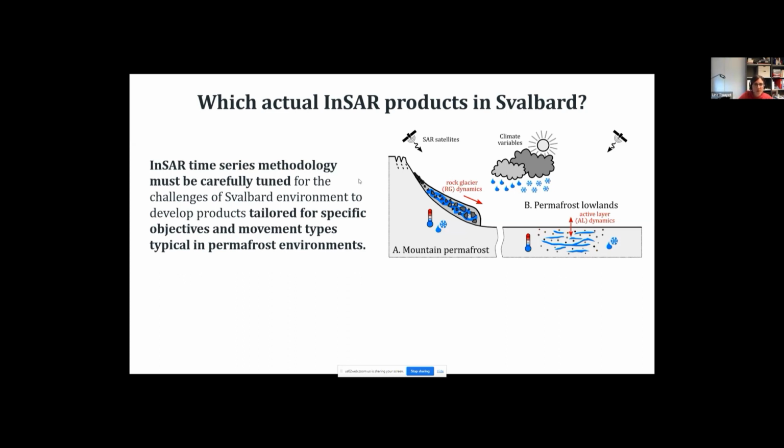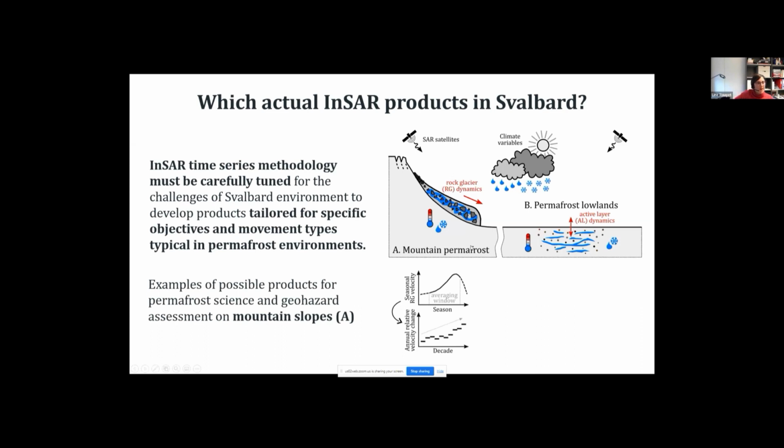So if we consider separately, let's say, the slopes and flat terrain, because the processes are pretty different, we can design different kinds of products. Typically, if you consider mountain slopes, you have different creeping processes. Here it's an example of a rock glacier, but we could also think about rock slides, right? Solifluction lobes, other moving landforms.